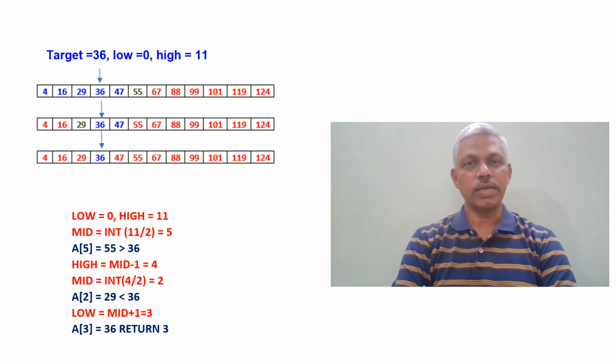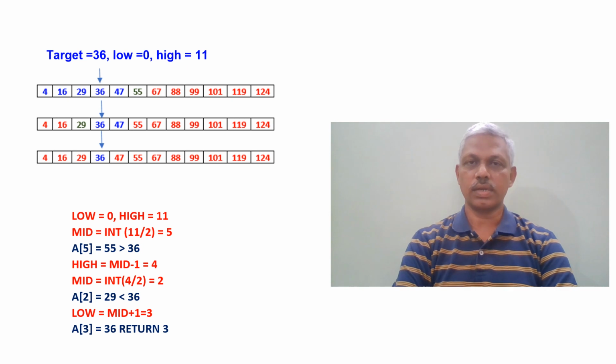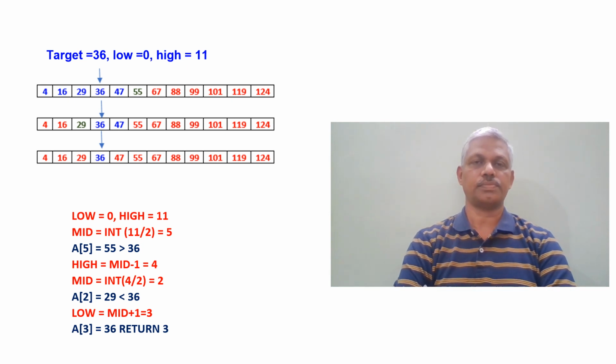So low has to be updated from 0 to mid plus 1, that is 3. Now the new low is 3 and the new high is 4. If you compute the integer part of the mid value, it comes out to be 3. And incidentally, a of 3 coincides with 36, so the index is returned.